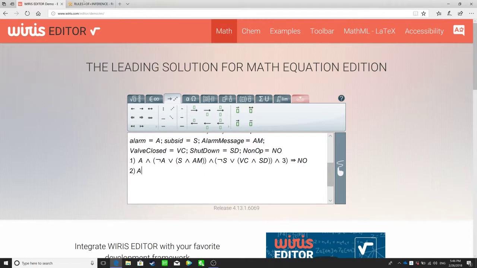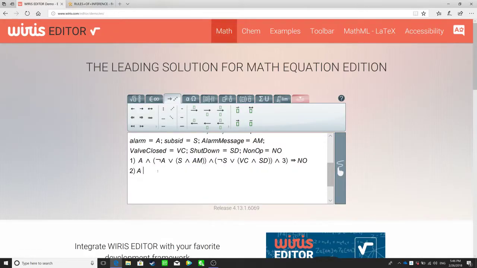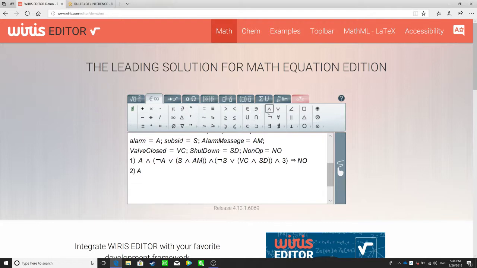So we are using distribution of and over or. This is like an A, so it becomes A and negation A, then or A and this thing.